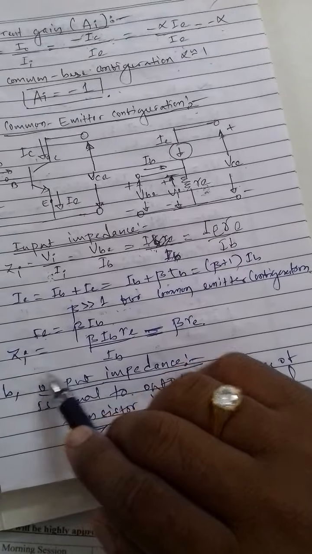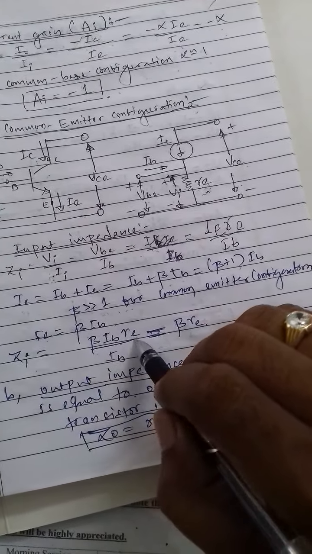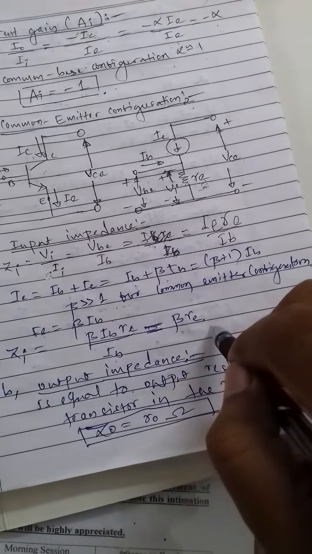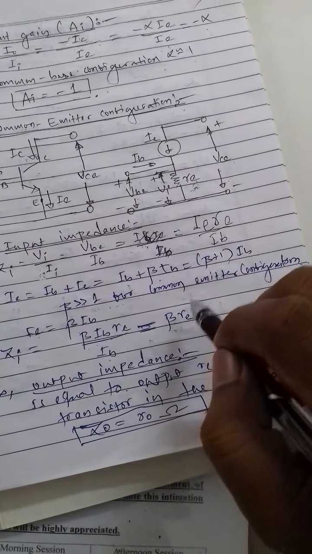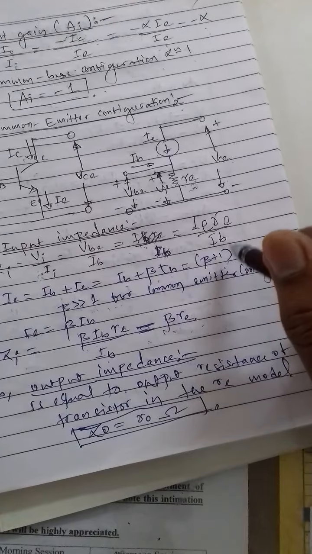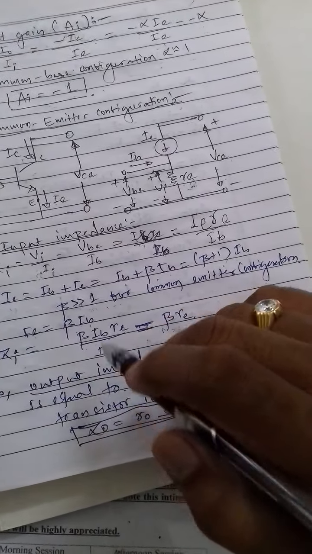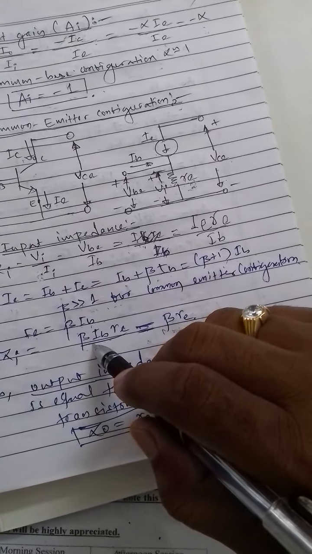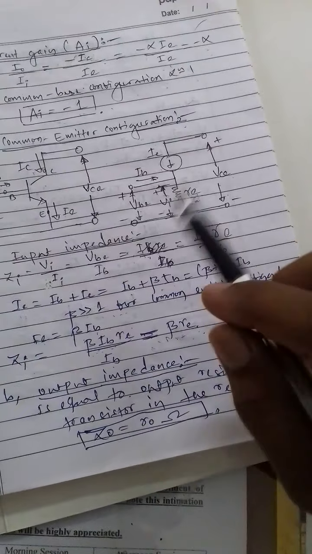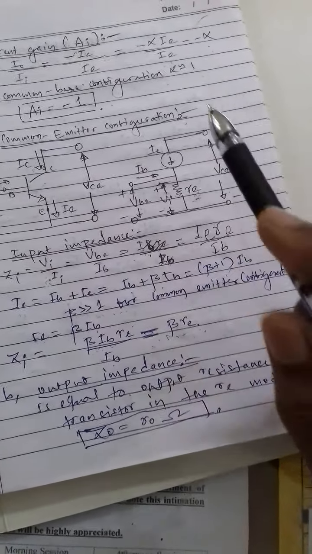From that, Zi is equal to beta IB RE upon IB, which is beta RE. That is the input impedance from the RE model of the transistor.